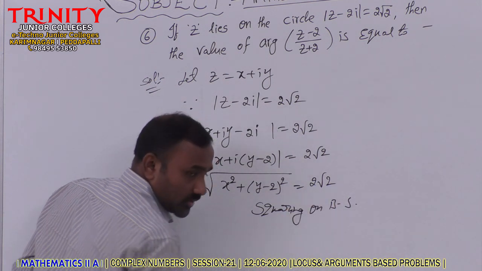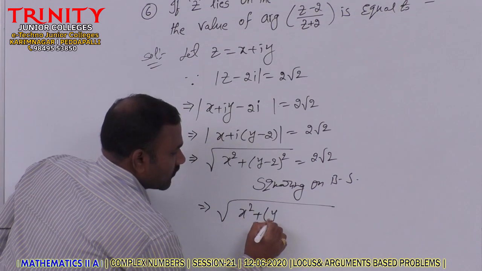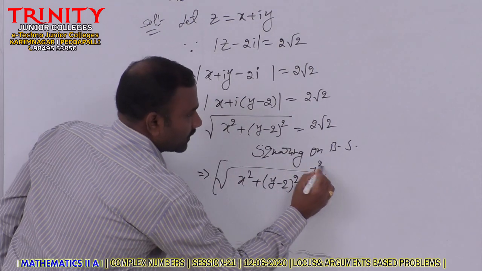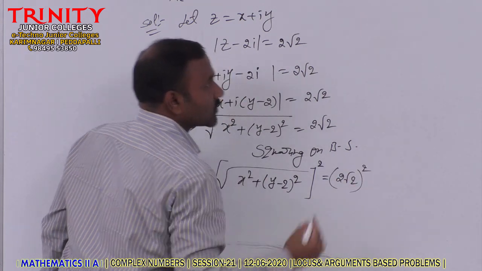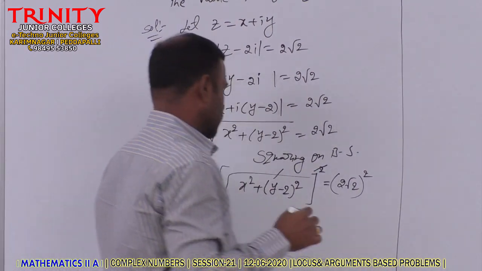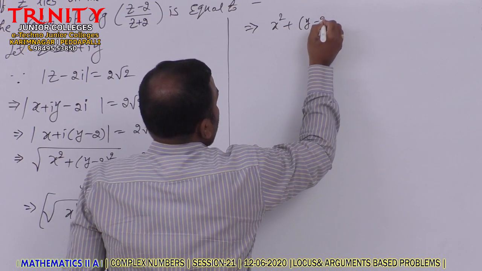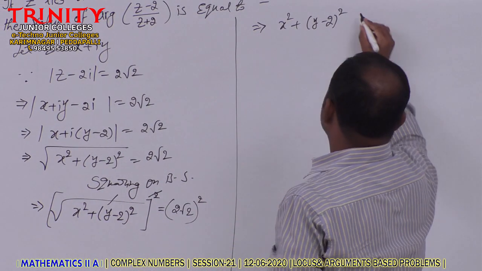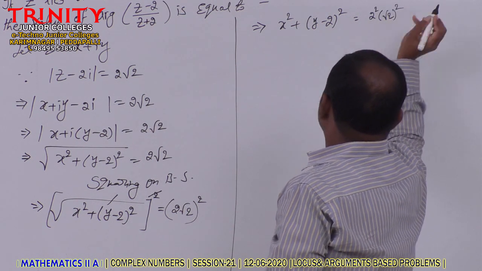Root of x square plus (y minus 2) whole square, whole square, is equal to (2 root 2) whole square. The square root cancels. Then it is x square plus (y minus 2) whole square is equal to 2 square into root 2 whole square.